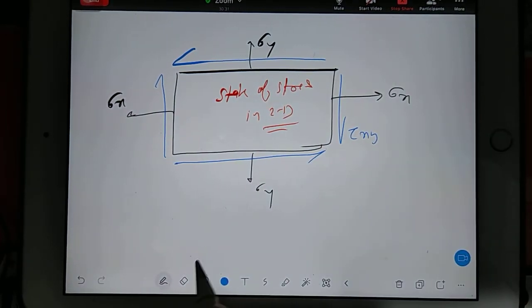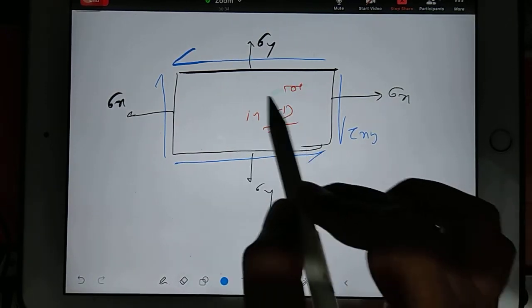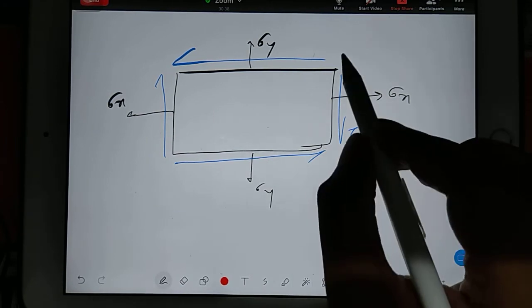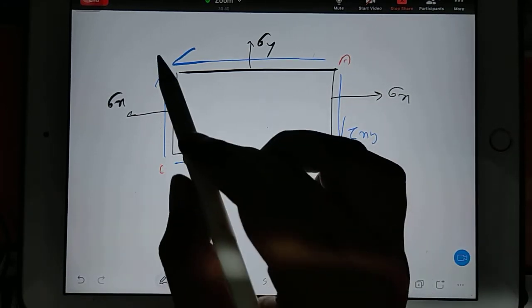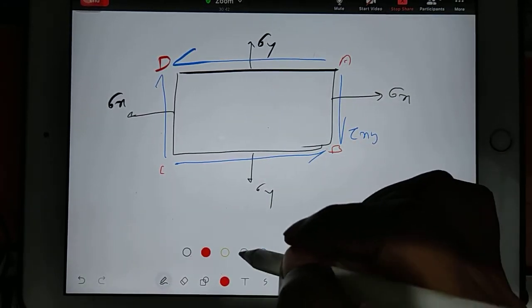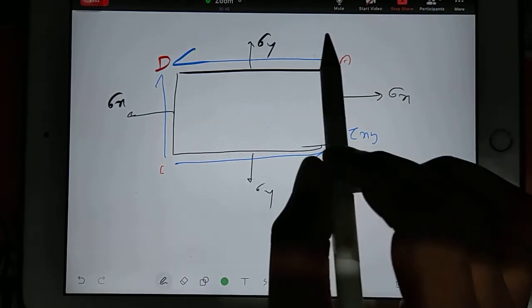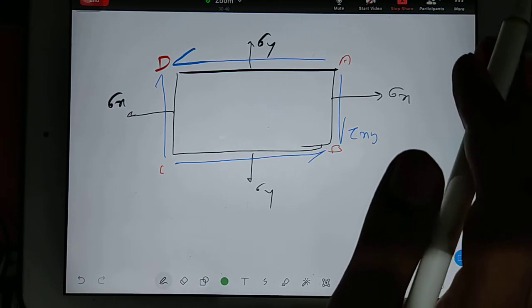Now you see, when this member is loaded, then on every face, suppose face name we can give as A, B, C, D, then on every face, like on face AB, on face BC, on face CD, on face DA, we have stress acting.